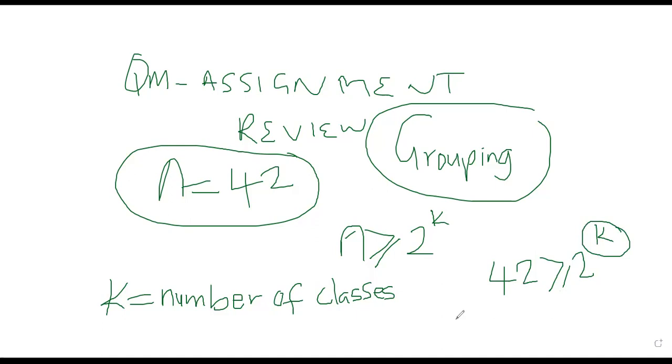When we say 2 to the power 5, for example, it is equal to 32. Now, our n is 42.